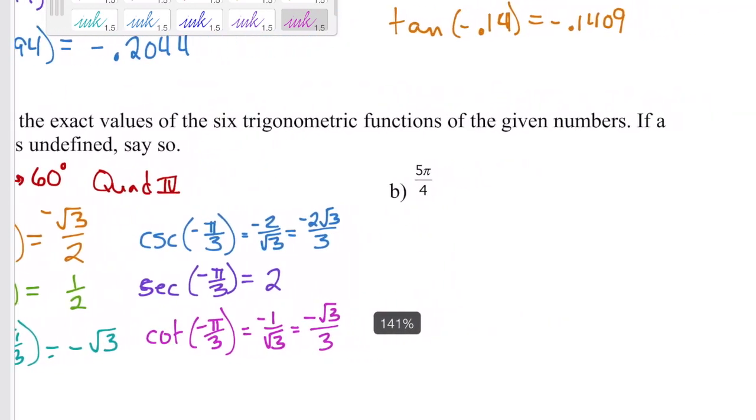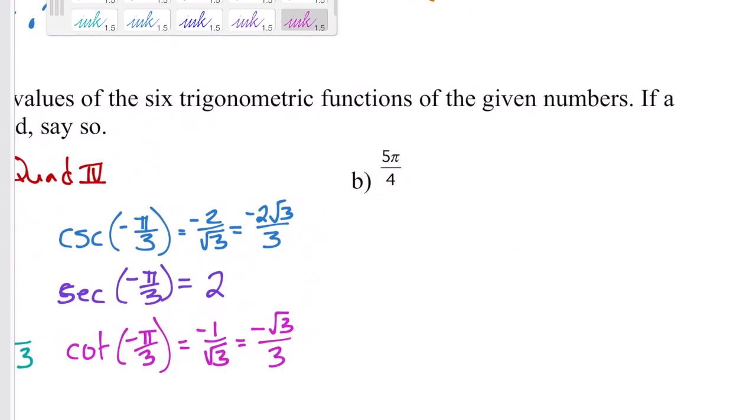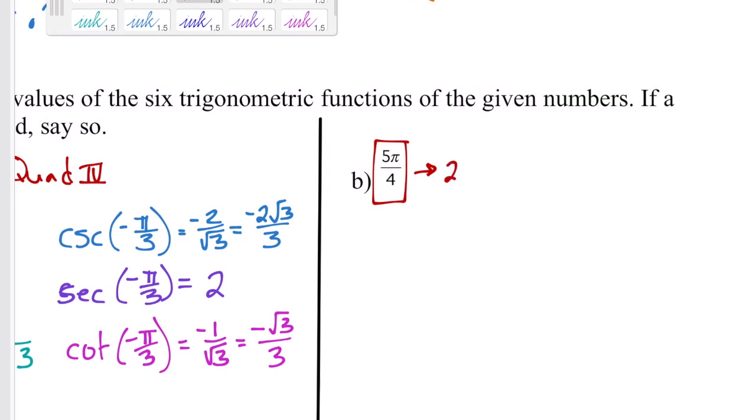So then next part here, we're doing pretty much the same thing. So I can change this into degrees if I want to. So it would end up being 225 degrees. What I could also know is that this is a 45-degree reference angle, or pi over 4 reference.